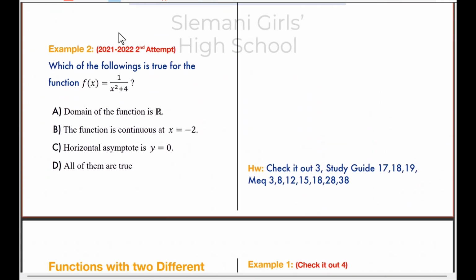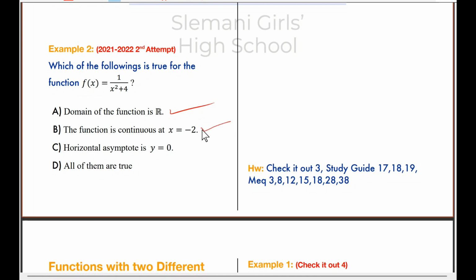Let's take a look at another ministry question. Which of the following is true for this function? Domain is all real numbers. Yes, there is nothing that makes the denominator 0, so no excluded number. The function is continuous at x equals minus 2. Yes, it is continuous at x equals minus 2.